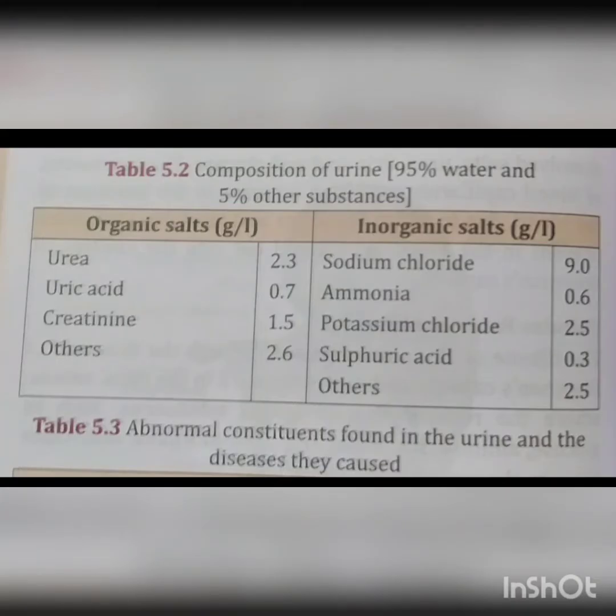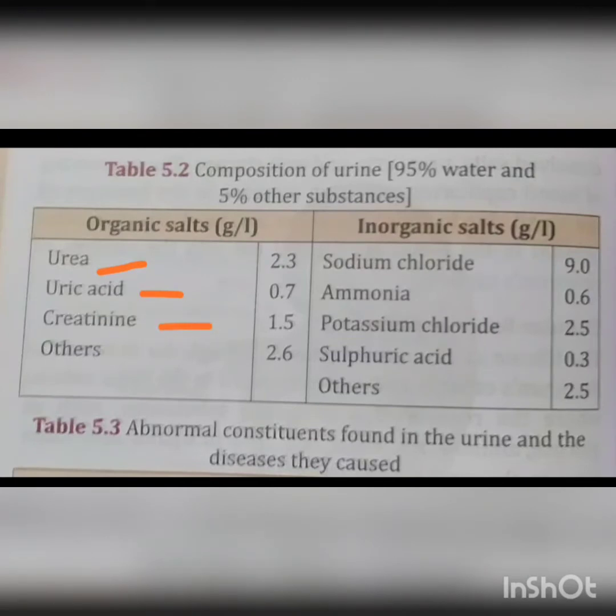What is the composition of urine? The major organic constituents of human urine are urea, which is 2.3 gram per liter, depending upon the amount left after reabsorption, uric acid 0.7 gram per liter, and creatinine 1.5 gram per liter.